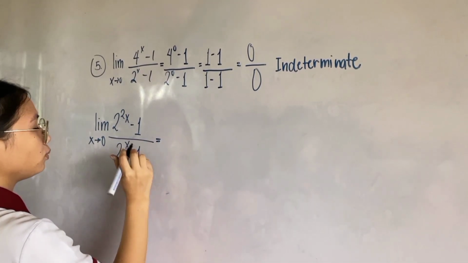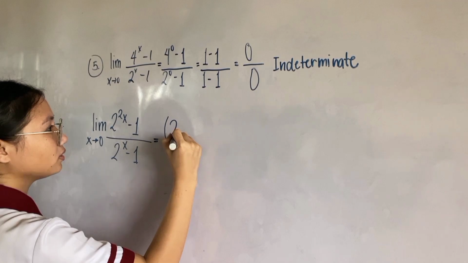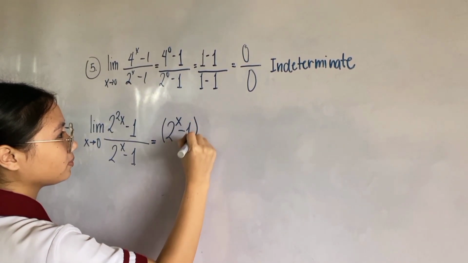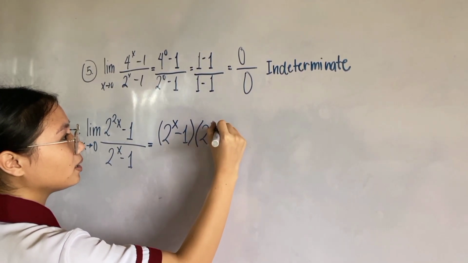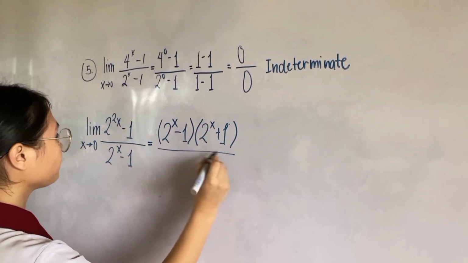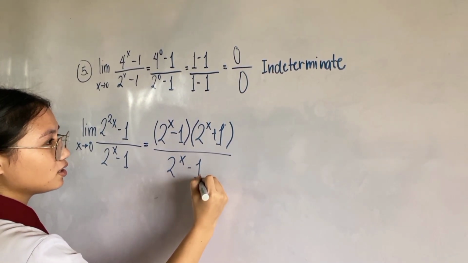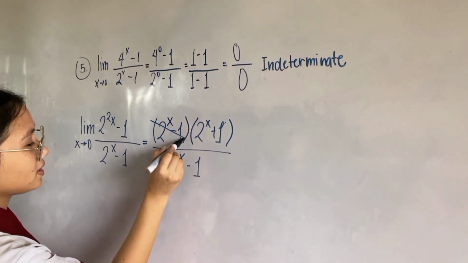By factoring, this will become 2 raised to x minus 1, then 2 raised to x plus 1 over 2 raised to x minus 1. So we will simply cancel common terms.